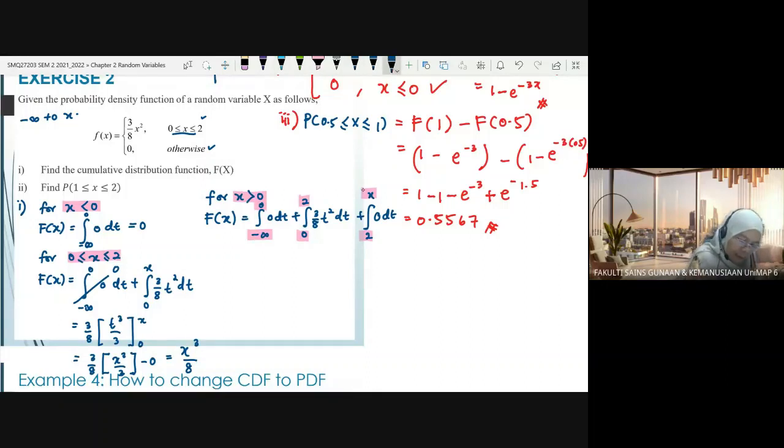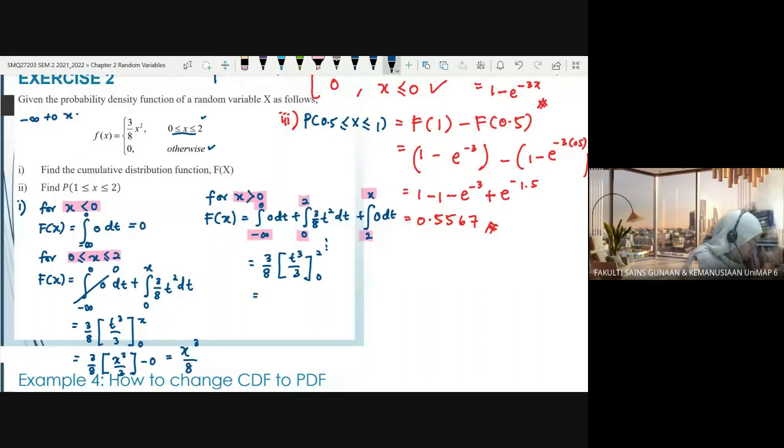Now, let us continue. If I simplify this, since we have limited time, you should get 3 over 8, and then you got t cubed over 3 from 0 until 2.